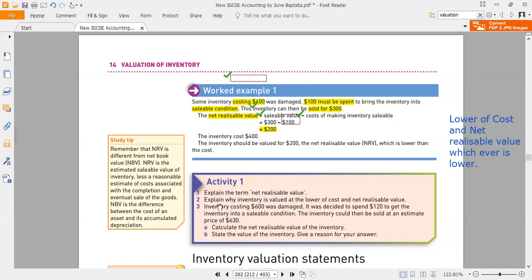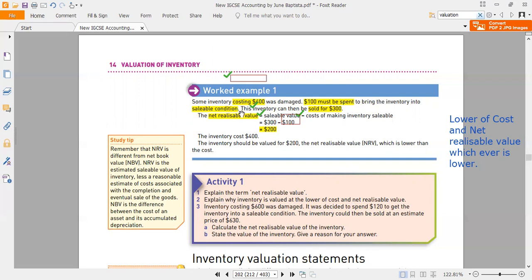Okay. So explain why inventory is valued at the lower of cost and net realizable value. The reason is because we have to apply the prudence concept, and the prudence concept says that anticipated profit should not be recorded, but anticipated loss should be recorded.